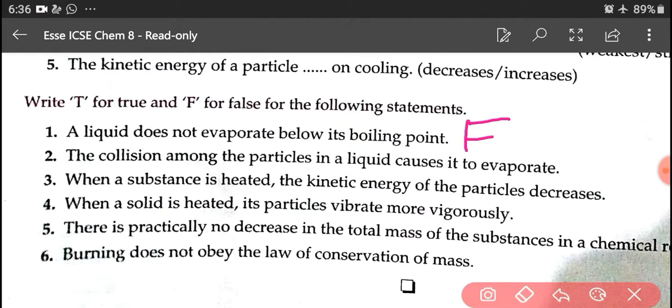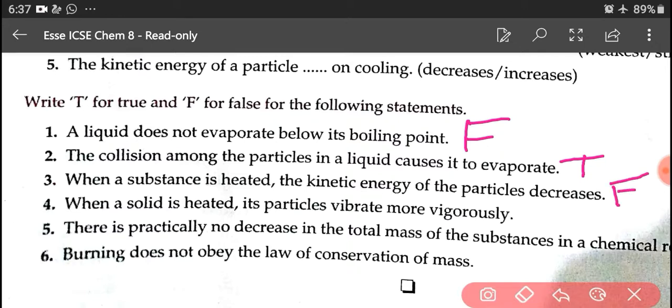Second question is, the collision among the particles in a liquid causes it to evaporate. Answer is true. Third one, when a substance is heated, the kinetic energy of the particles decreases. False.